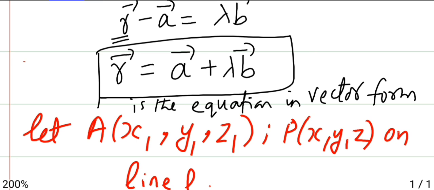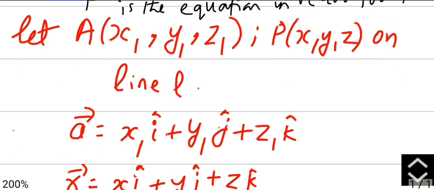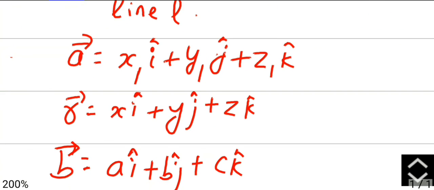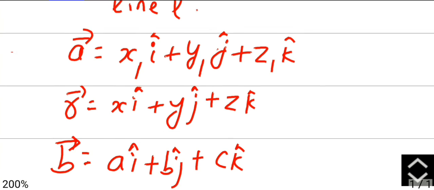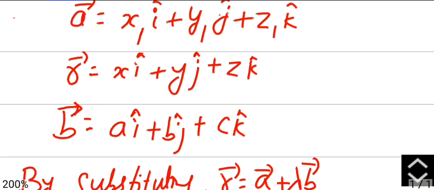Now we have to find it in Cartesian form. To find the Cartesian form, you take A as (x1, y1, z1), P as (x, y, z) on the line L, and A vector as x1 i cap plus y1 j cap plus z1 k cap. R vector is x i cap plus y j cap plus z k cap, and B is a i cap plus b j cap plus c k cap.